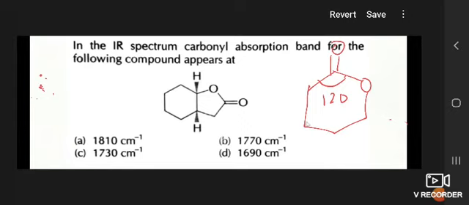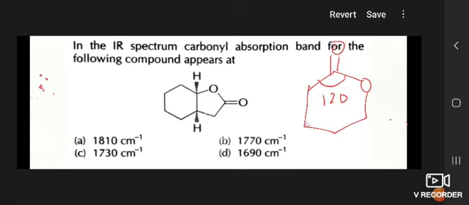That means for acyclic ester and for the cyclic ester which is 6-membered, both have 120 bond angle. Okay, remember that the acyclic ester and the 6-membered cyclic ester both possess 120 bond angle.